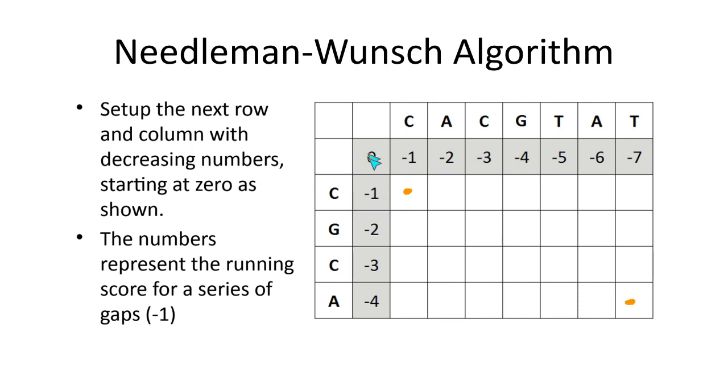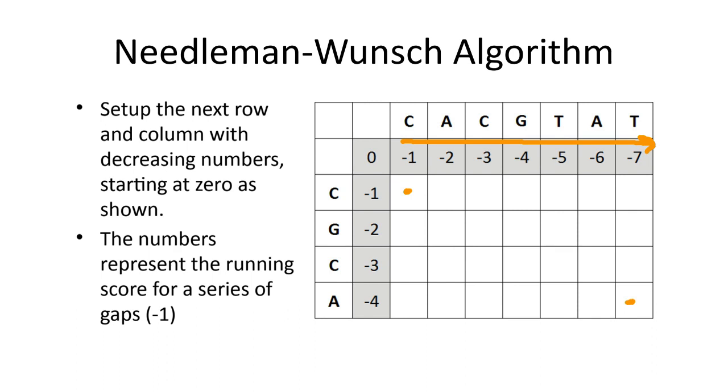And by initializing this first row and this first column, that's what we're doing. We're starting with the score of 0, and we're saying, this is what happens if you only move to the right. If you only move to the right, you're only moving through one sequence, you're not moving through the other, so you're including gaps. So this is like if you were to include gap, gap, gap, gap, gap.